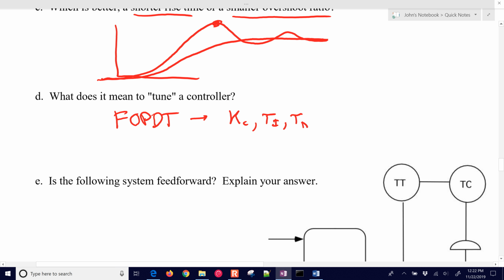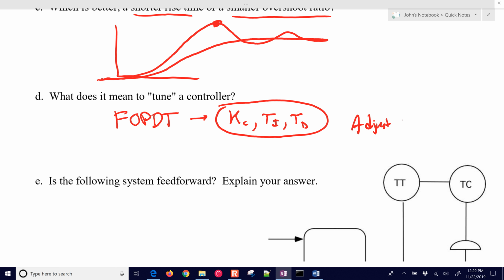And those are often just initial values based on internal model control or ITAE or other types of tuning correlations. But then we implement those and then tune them, so we adjust these tuning parameters up or down to try to achieve some desired control response.